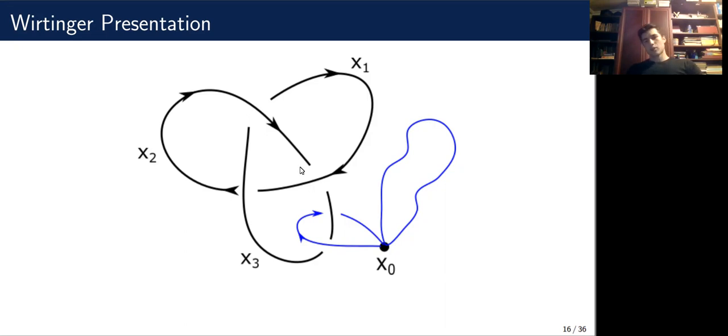But unlike the torus case, in this picture, there must be some relations between the paths coming from the crossing points. And let's take a closer look at this crossing point. I will label the paths with the names of the arcs. So this one is called x3, this one will be called x2, and this one will be called x1.